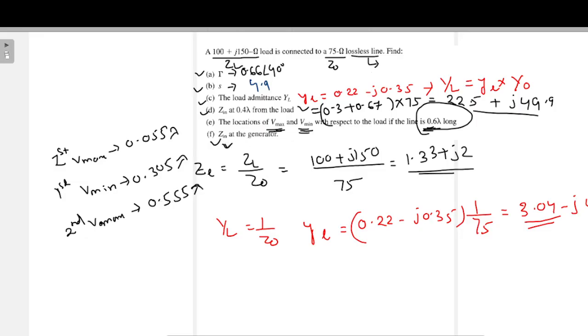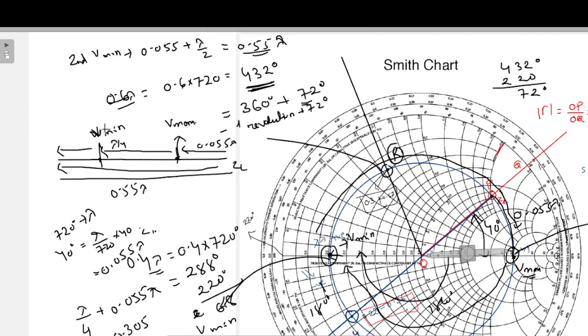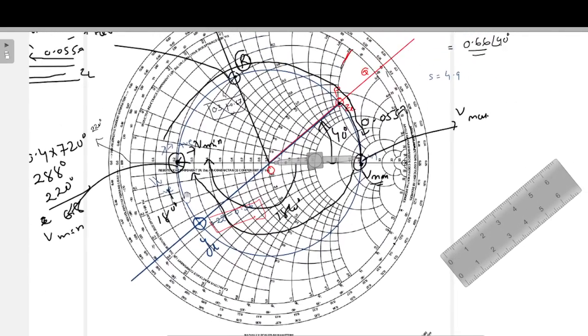Next is to find the Zin at the generator. Here the total length is 0.6 lambda, so after 0.55, which is the second Vmax point, still some distance remains, and it is asking what the Zin value is at the starting point. In the Smith chart we have already traveled 432 degrees, which corresponds to 0.6 lambda, so we are now at this point.